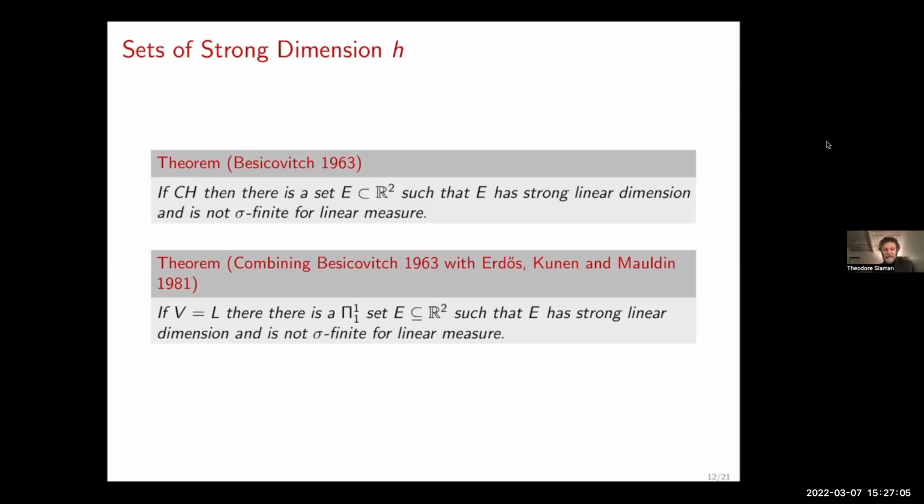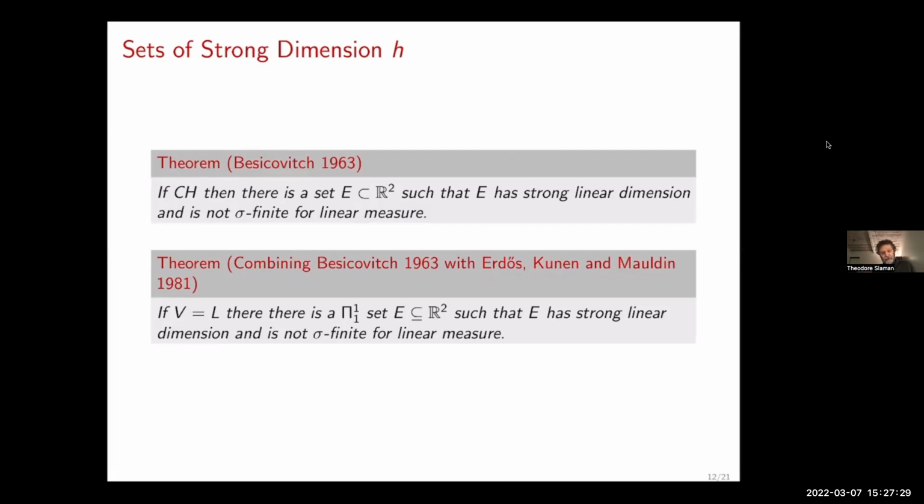The way that this thing was put together was used for another purpose in a paper by Erdős, Kunen, and Mauldin in 1981. So it's inside L. You can use essentially a version of the maximal thin Pi-1-1 set, but it's not the same.